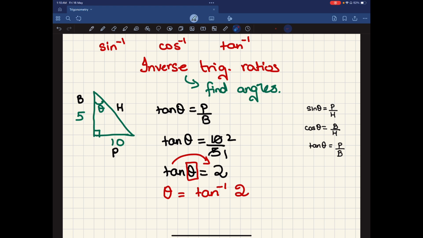Okay, and this is a function on the calculator. Usually it is above the tan button.